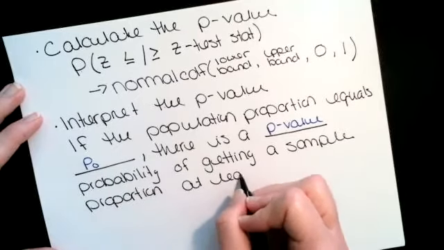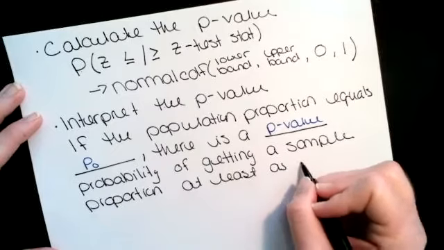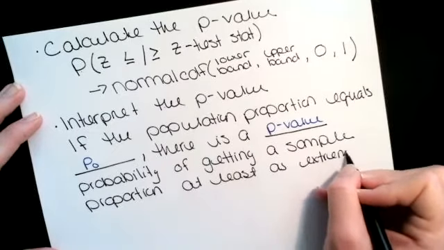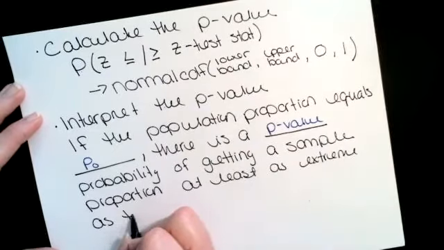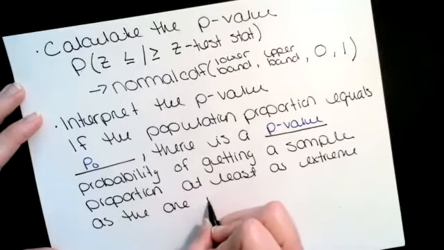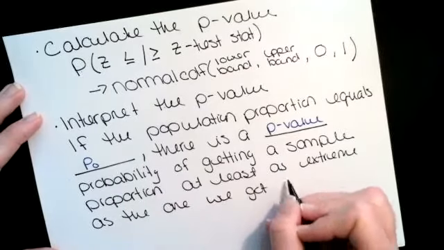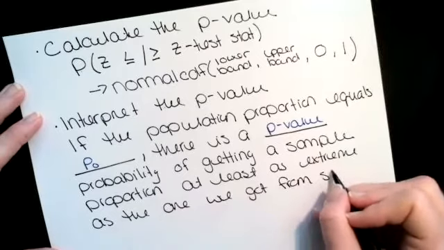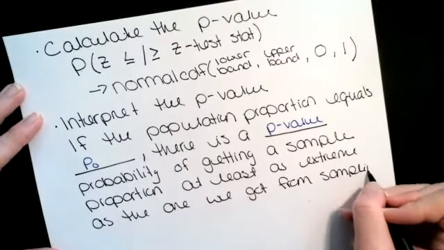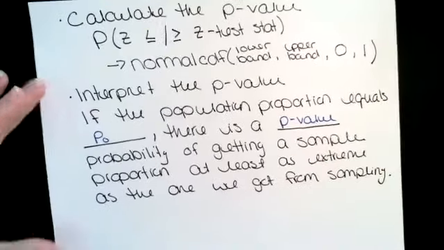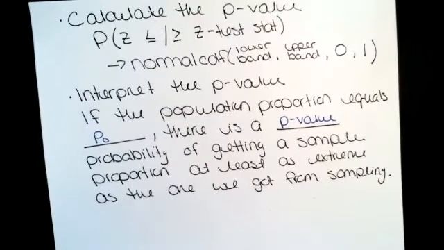At least as extreme as the one we got from sampling. So it's the same interpretation as numerical, right? It's the same meaning. My p-value still means the same thing. It's just now I'm talking about categorical data.